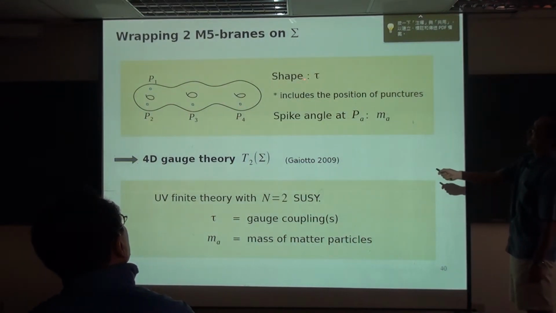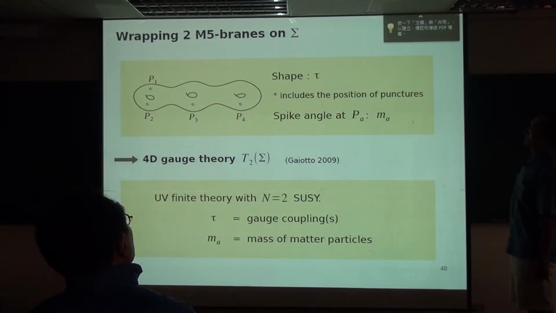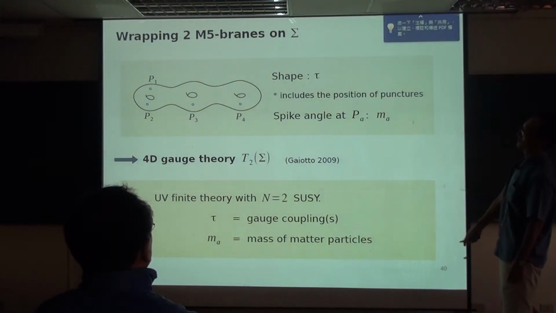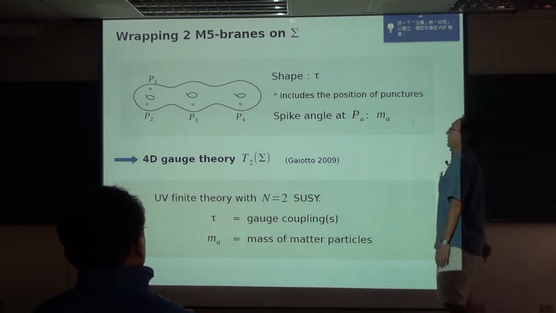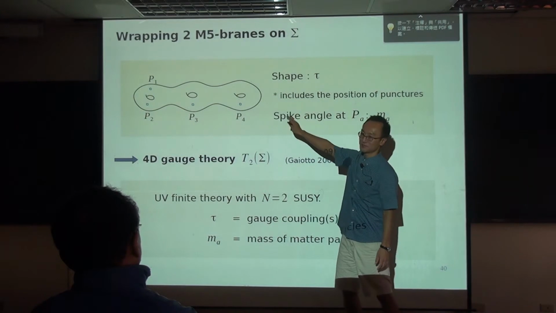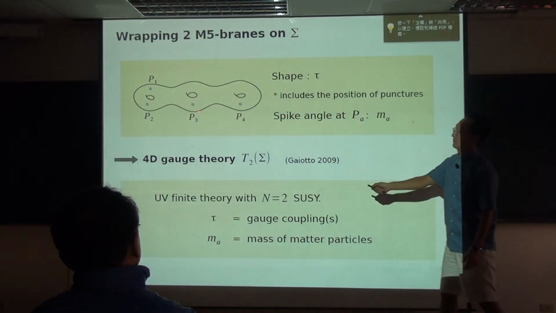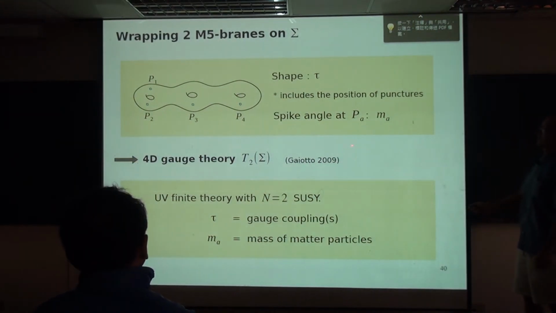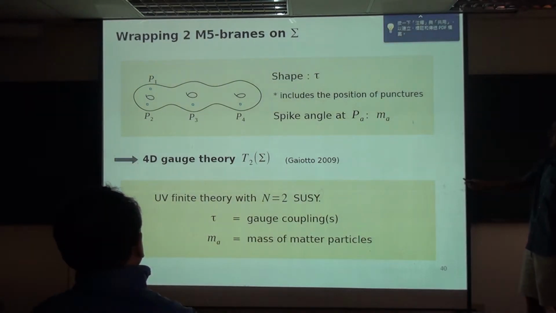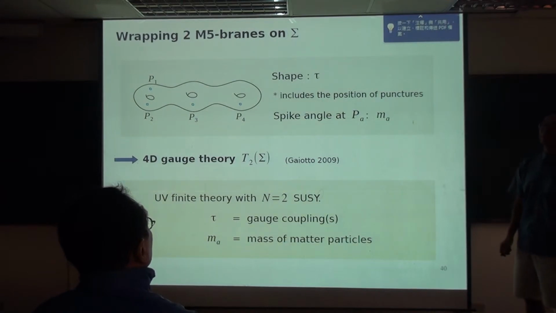Also, when characterizing the shape of the M5 branes wrapping this Riemann surface, generally the M5 branes are allowed to have some spiky divergence poles at each of the punctures. The angles of this divergence are characterized by a complex number m. These parameters define how multiple M5 branes are wrapping on the Riemann surface.